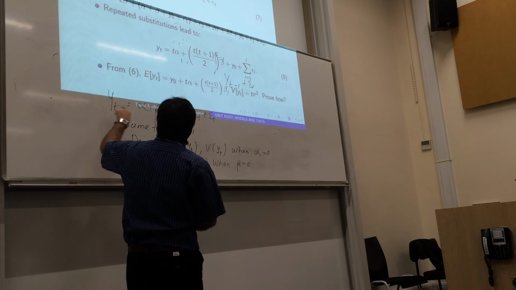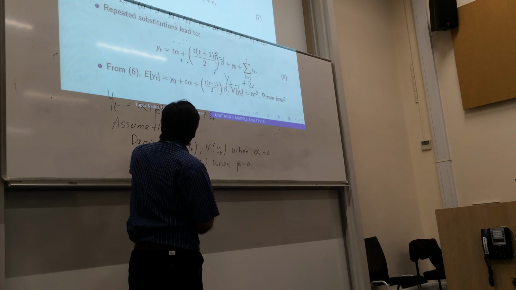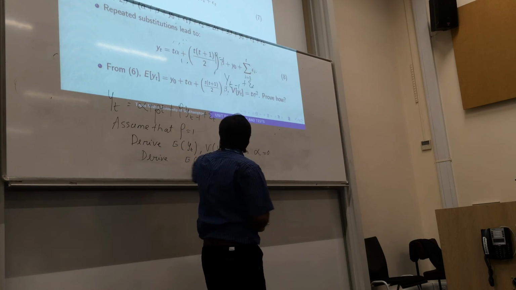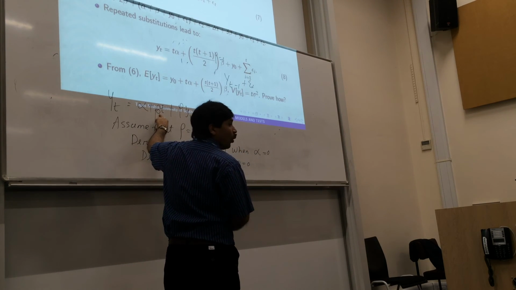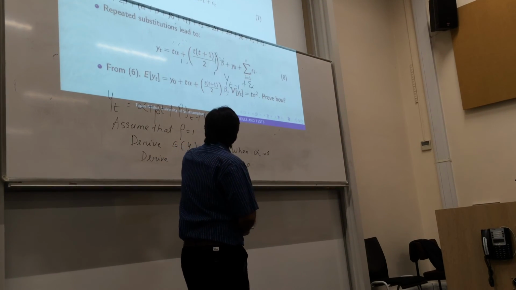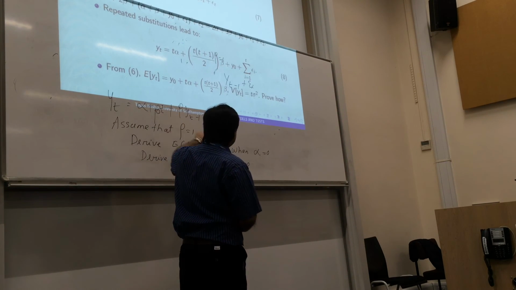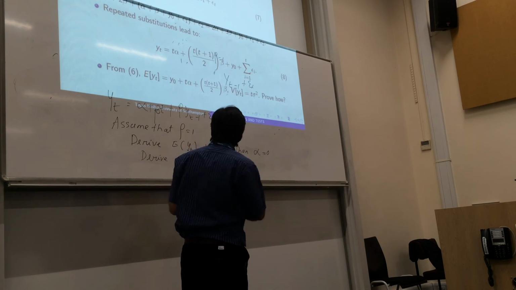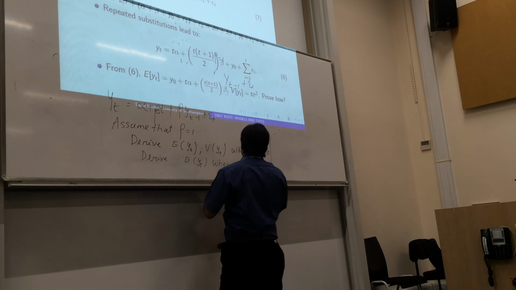So in the first case, you derive the mean and variance when alpha equal to 0. In this case, you will have only the trend term. In the other case, you just have alpha, no trend, and rho equal to 1; then you have to write the model.